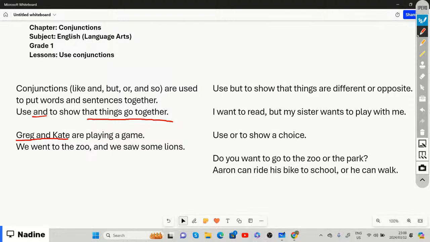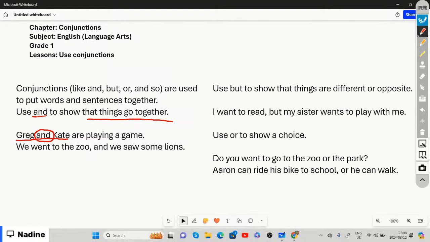So Greg and Kate are playing a game, right? So here we have our conjunction, which is and. This word and puts the words Greg as well as Kate together. It brings them together. It tells us that they are playing together. Because we could have just said Greg is playing a game or Kate is playing a game, but we decided to bring them together.